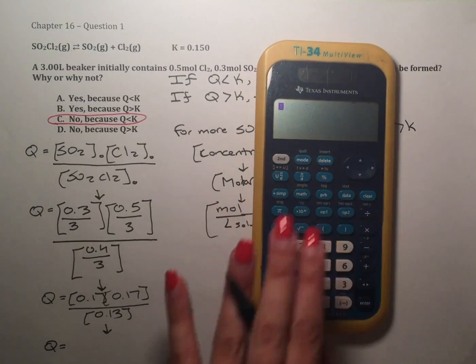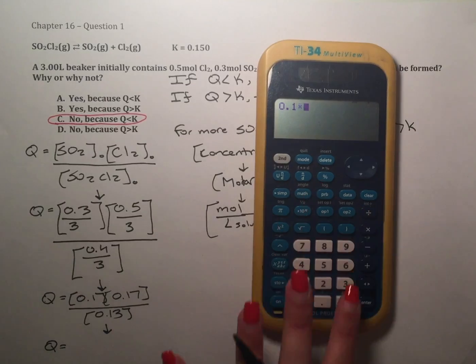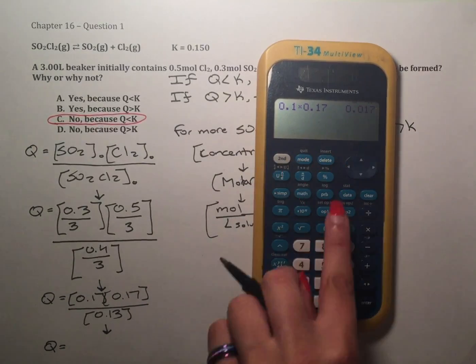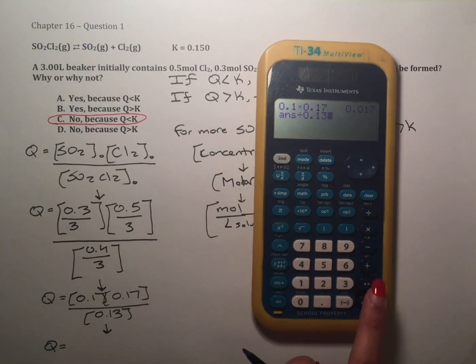Okay, so what we have now is 0.1 times 0.17 equals 0.07 divided by 0.13, and that gives you 0.13.